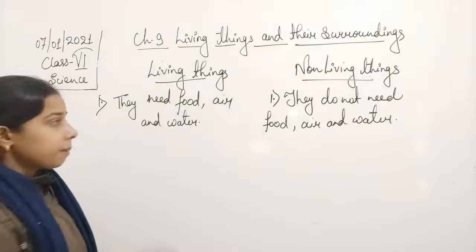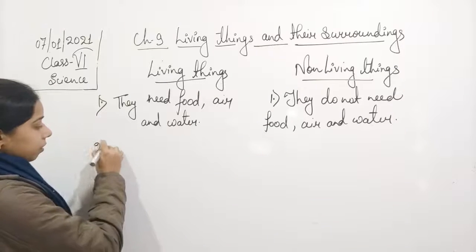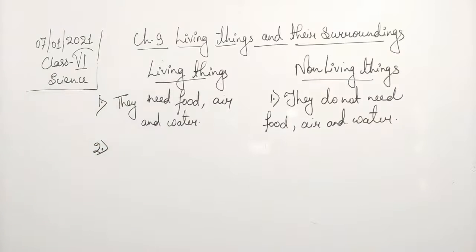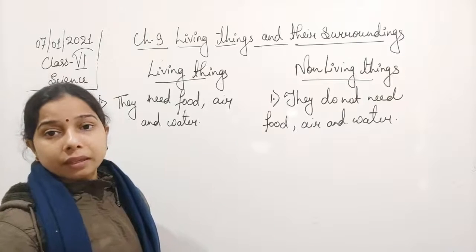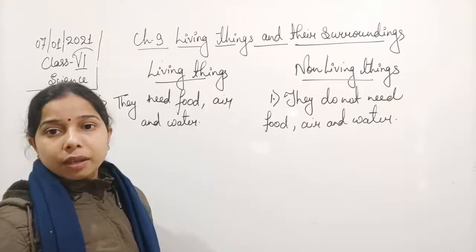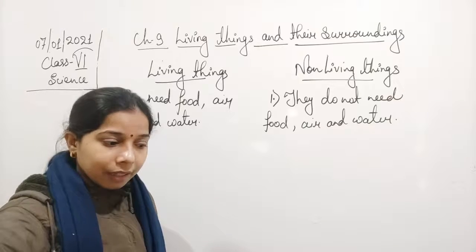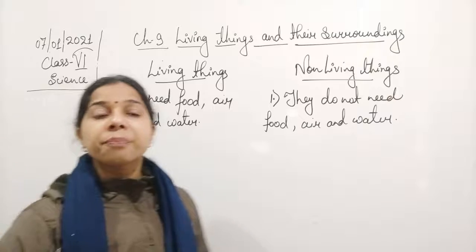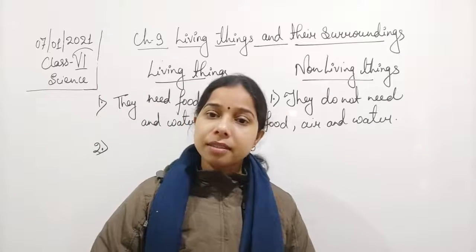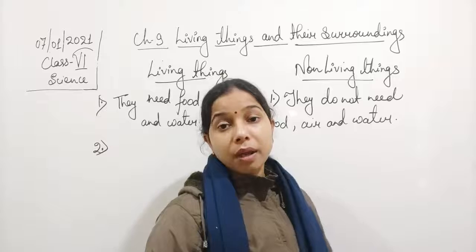Second one is that the living things show the process of growing. So they used to grow. Okay, if your small kid is there, he or she will grow into an adult. If a small animal is there, that will also grow into an adult.